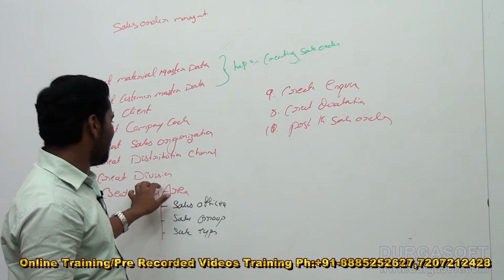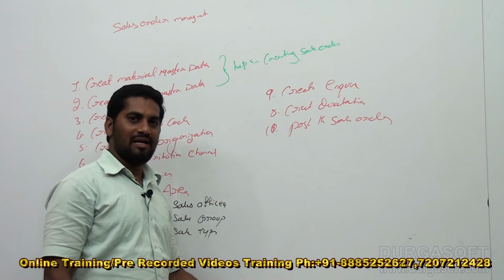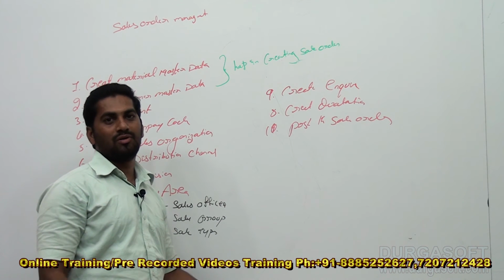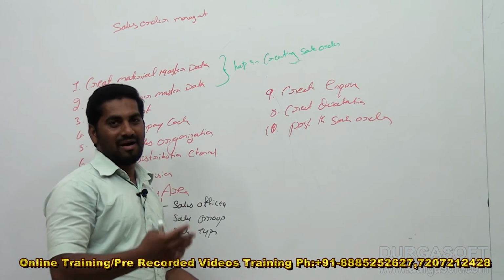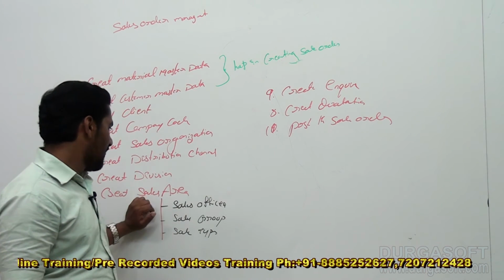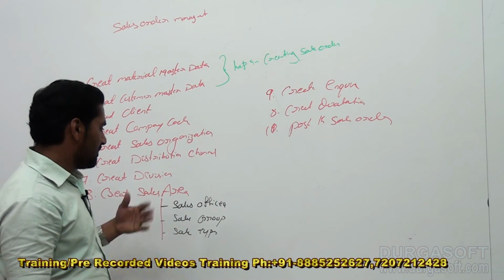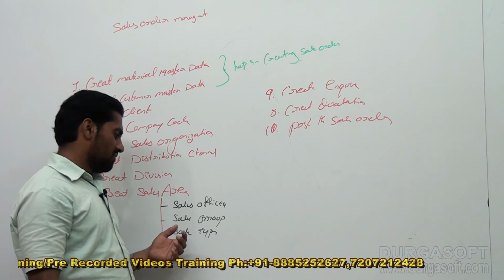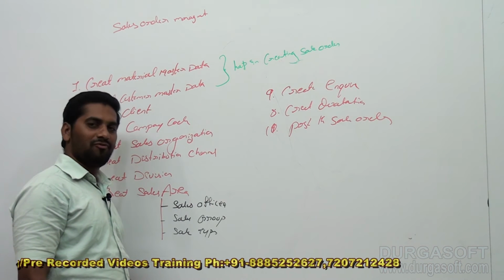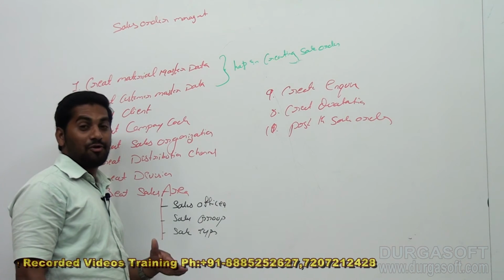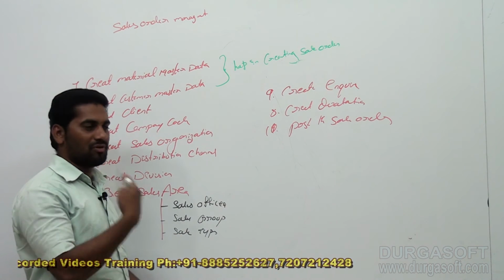And we do have an option called division. So division is one place where I can send the product to a wholesale market, retail sale market. For that case, we have to use the division parts. Then we have a sales area, which includes sales offices, which include sales group and sales types of the customer who can try to do the sales while approaching the customer.